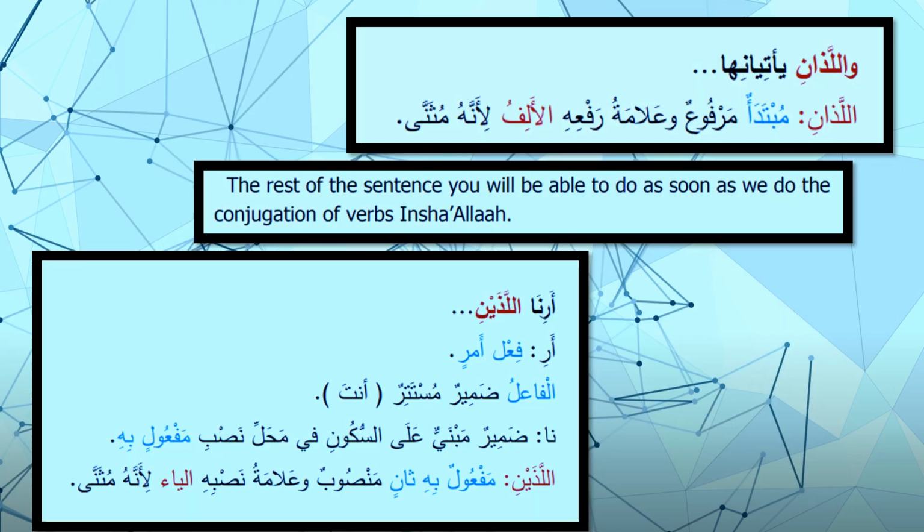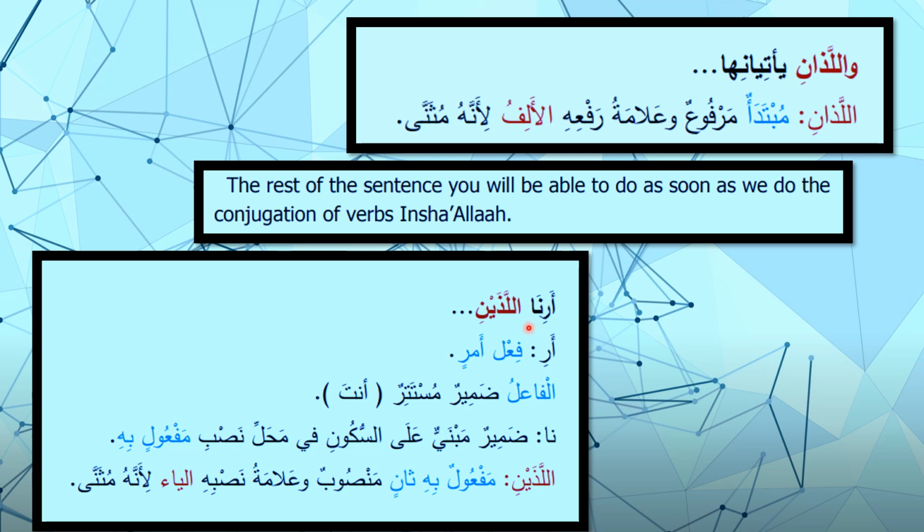So let's just quickly do the i'rab here as I have explained already. واللذان coming in the position of mubtada marfu. How do you know? Because of the alif. So you have to say alif لأنه مثنى. And we have jumlatul sila here after the ism mausool. Arina alladhaini. Arina, Ari is fail amr. File is damir mustatir anta, hidden in Ari.